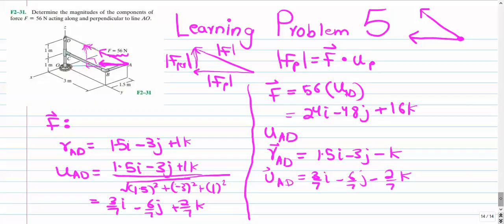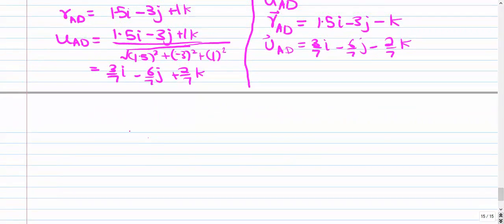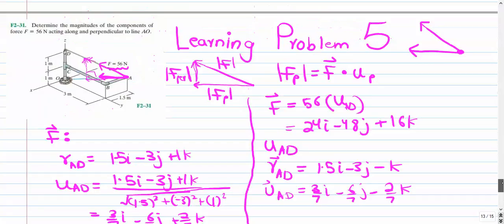Now that we have all vectors that we need, we will simply take their dot product to get the magnitude of the component parallel to the axis.